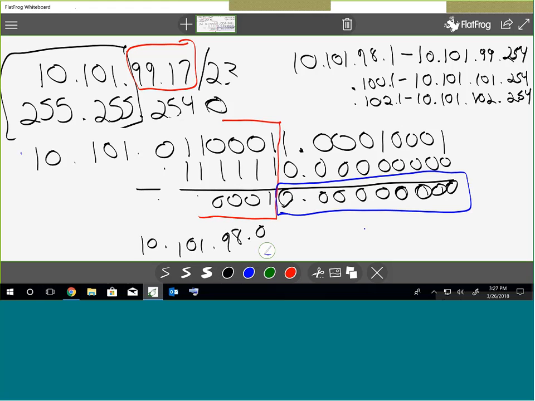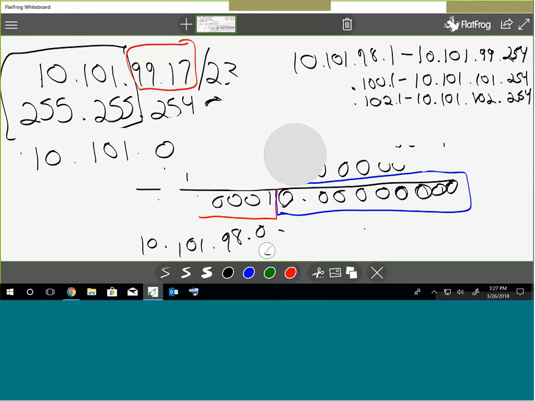How could you do that simply? Okay. All ones. Exactly. If you were to take this particular setup and you said, okay, I figured out what my network is. I know I've got 9 host bits. Now, I want to know what the broadcast is for this network. I would just change all those to 1s. Okay. And what is that value?